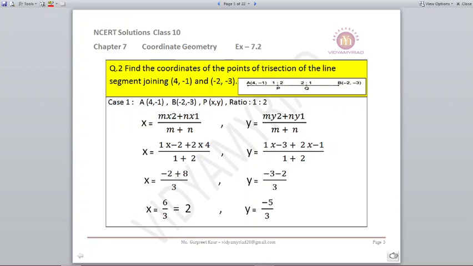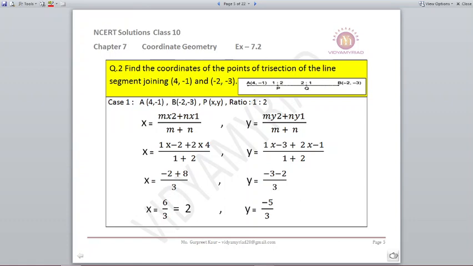So let us use the formula. So x is mx2 plus nx1 upon m plus n, and y is my2 plus ny1 upon m plus n. So what is m? M is 1. What is x2? -2. N is 2 and x1 is 4 upon m plus n. What is m? 1 and n is 2.